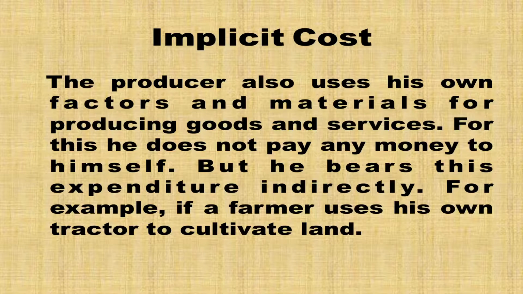Supposing in the example above, the farmer was to use his own tractor to cultivate the land, rather than hiring it from someone else. In such a case, he would have paid rent for this, and this would have been, if hired from outside, called an explicit cost.